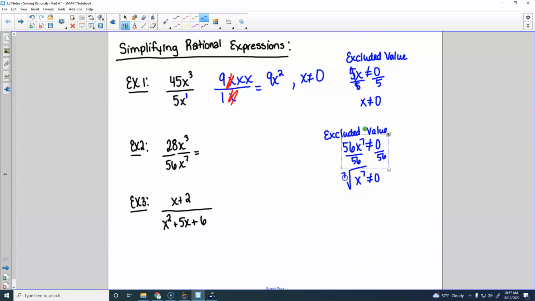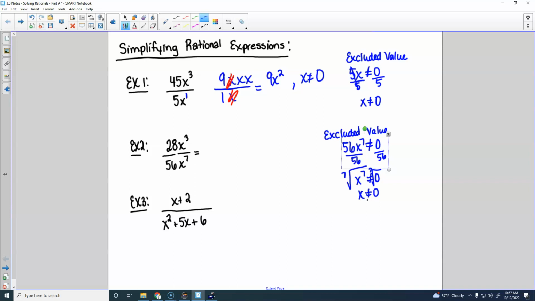We would take the 7th root of that. But what is the 7th root of 0? Still 0, right? You don't necessarily have to show work for this. On number 3, it'll be different. So we'll see what's going to happen there. But if you just have a term where it just has an x with it, you don't have any plus or minus signs, it's going to be 0 there.